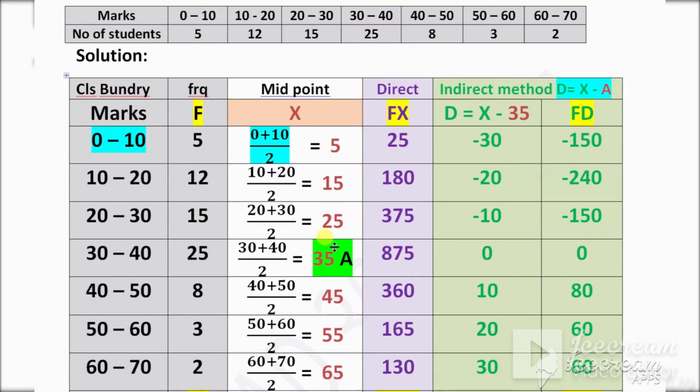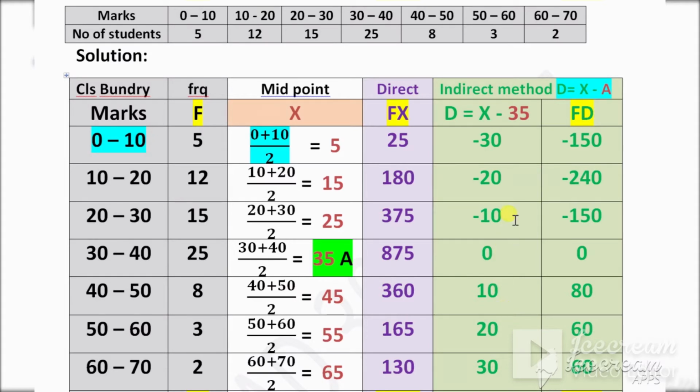So 5 minus 35 is minus 30, 15 minus 35 is minus 20, 25 minus 35 is minus 10, 35 minus 35 is 0, 45 minus 35 is 10, 55 minus 35 is 20, 65 minus 35 is 30. So in this way we will get these numbers.